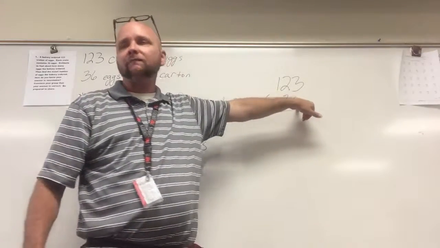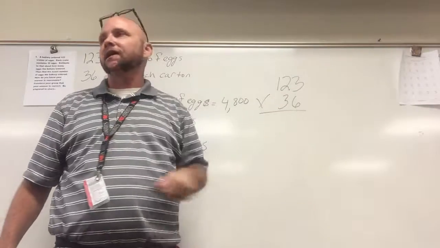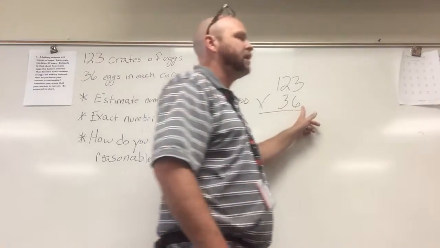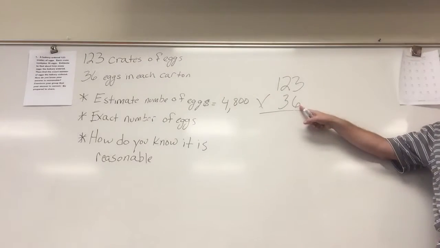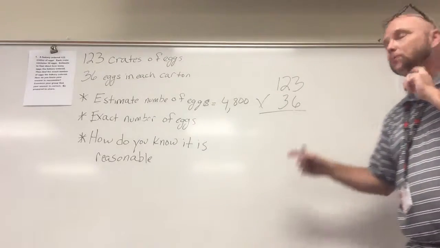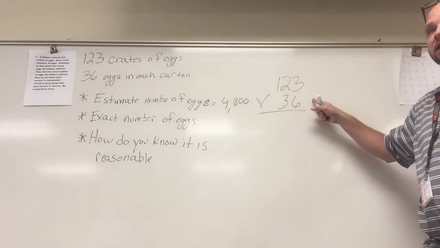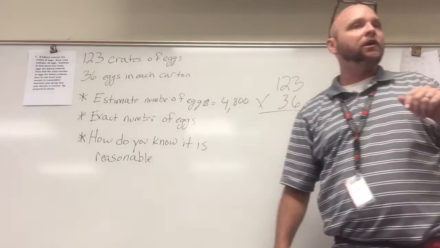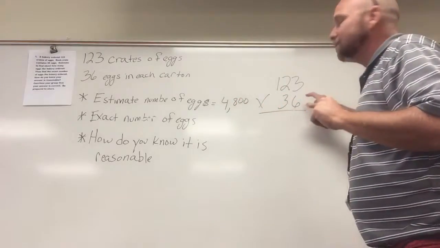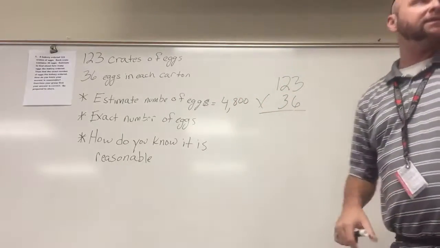Okay, we start with our ones place. So the bottom factor, which is 36, the ones place has what number? 6. So I'm going to multiply my 6 times 123. Savannah, you're with me, right? I'm going to do it one place value at a time.